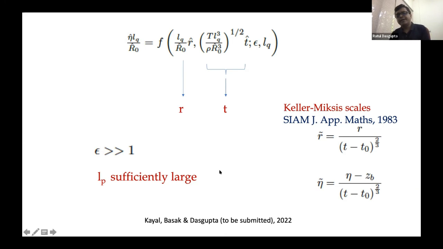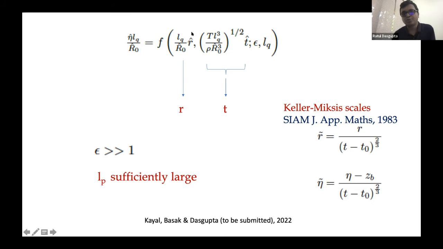So intuitively, we would expect the dynamics of how the jet evolves to be independent of the radius of the container, at least for a narrow window of time and space. What that would imply is that in these scales, if I cube this and square this, and take the ratio of the two, then the ratio is independent of LQ as well as R0 hat.